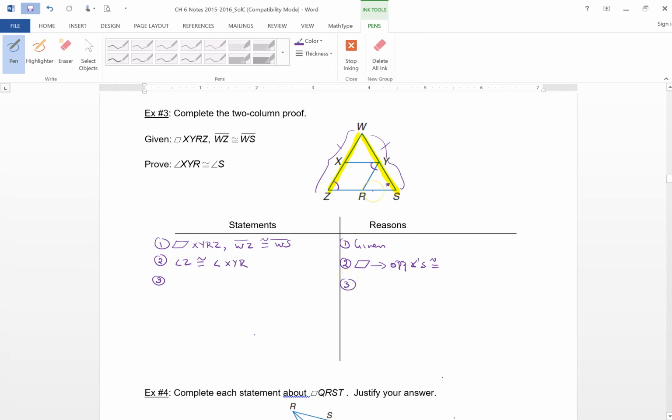This big yellow triangle is an isosceles triangle, which means that this and this are congruent. Angle Z is congruent to angle S, isosceles triangle theorem. Now, XYR is congruent to angle Z. S is congruent to angle Z. That means angle XYR is congruent to angle S, transitive.